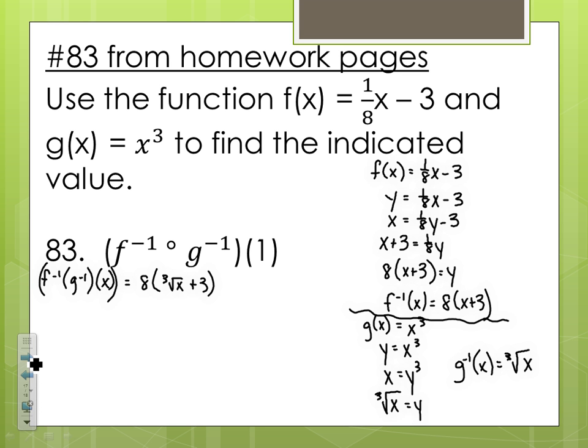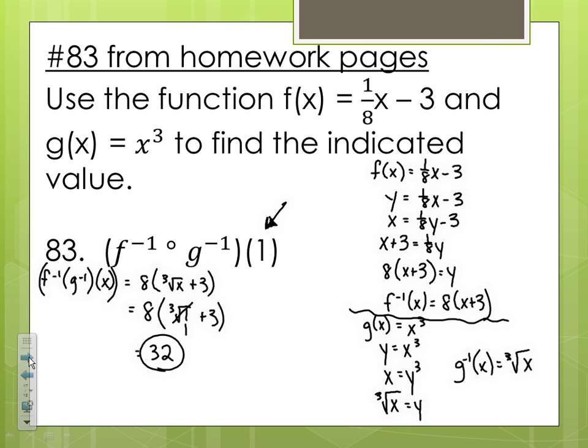We are asked to find the value of that function for the value 1. So go ahead and plug that in. Well, the cubed root of 1 is 1. So I end up with 4 in my parentheses multiplied by 8. This whole thing ends up with a value of 32.